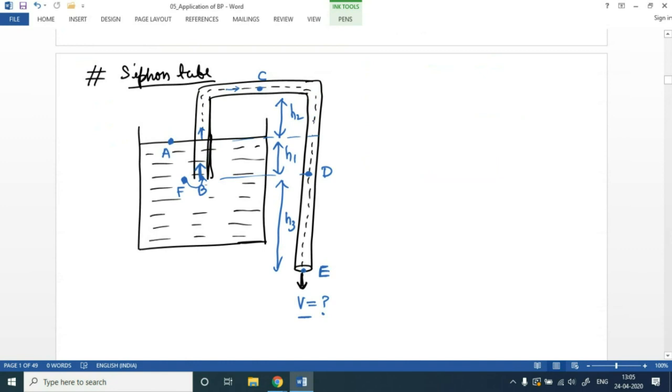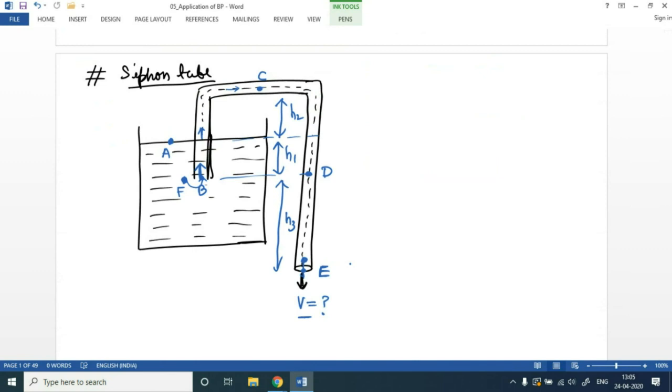As it comes down, its gravitational potential energy again starts decreasing and the pressure energy increases, and finally when it comes to this point over here, its gravitational potential energy is minimum, and the pressure energy again becomes equal to PATM. So we have looked at this situation qualitatively, and now let's look at this same problem quantitatively also.